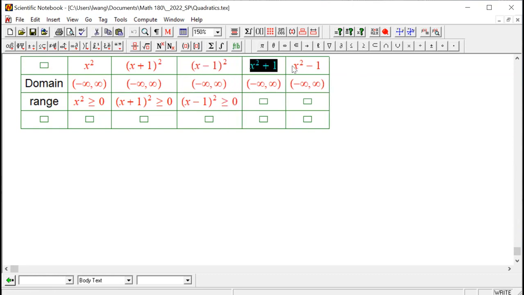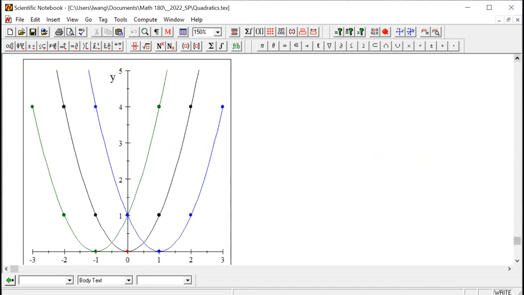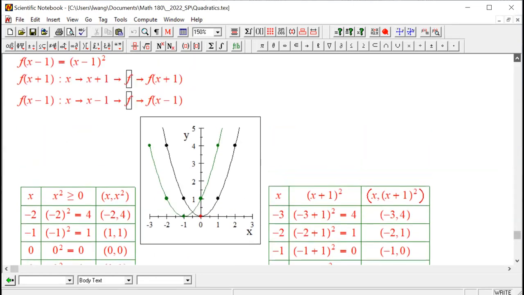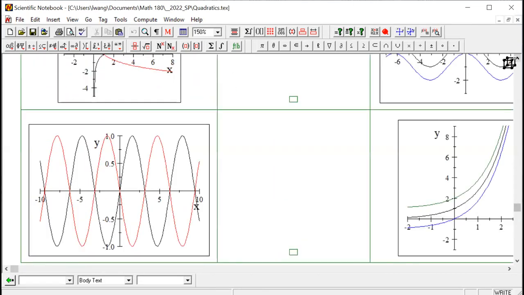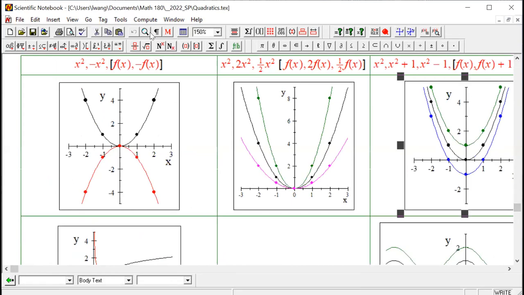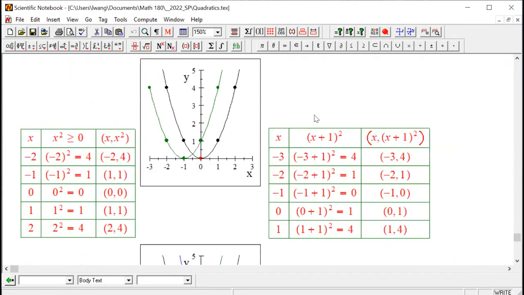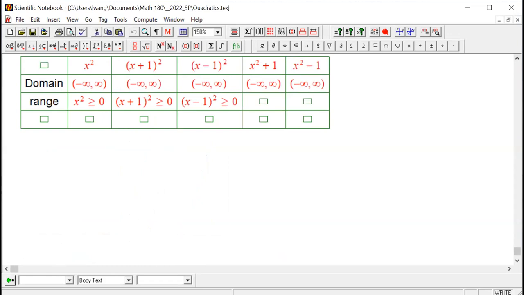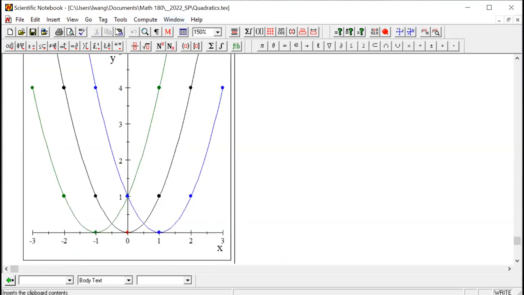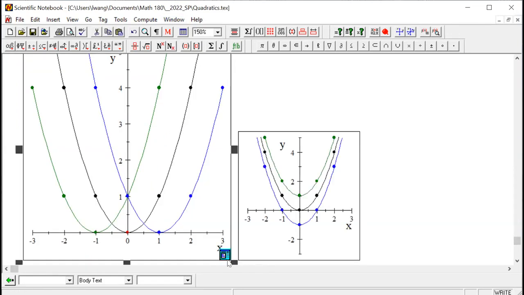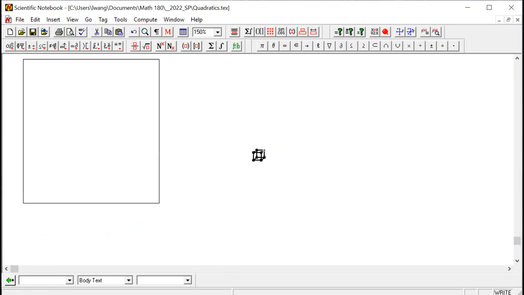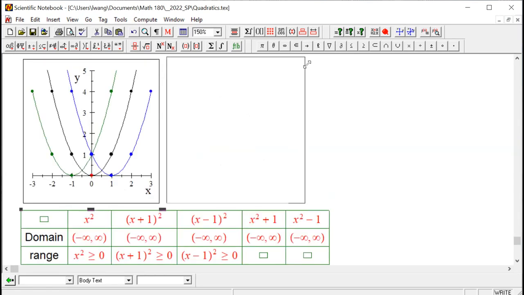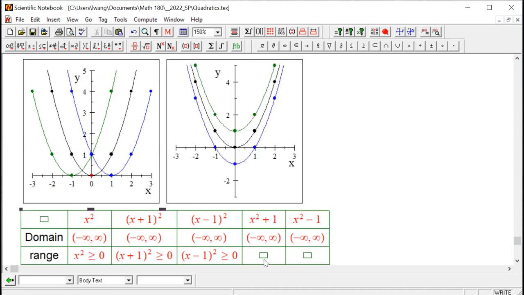How about the range for these two? I'm going to bring the picture over. So you tell me, what do you think? What will be the domain and range for x squared plus 1? The green is x squared plus 1.